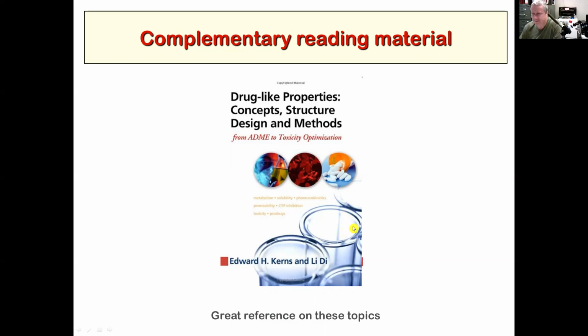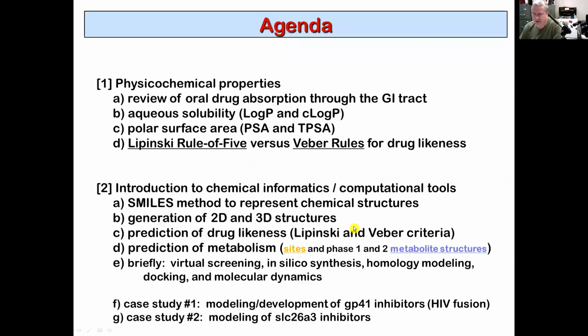All right. Okay, so these are the things we're going to talk about. Physicochemical properties, review of oral drug absorption through the gastrointestinal tract. We'll talk about log P and C log P, which is a measure of aqueous solubility.